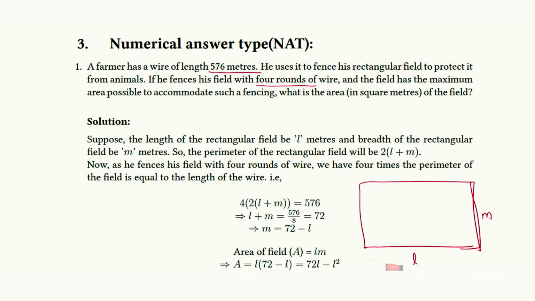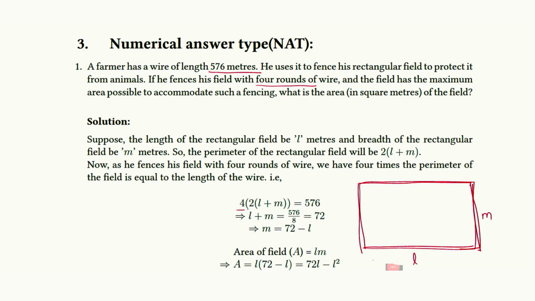Like this. Now the perimeter of the rectangle will be L plus M plus L plus N, which is 2 times L plus N. We were given that 576 meters of wire is used to fence the field 4 rounds. That is nothing but 4 times the perimeter equals 576.